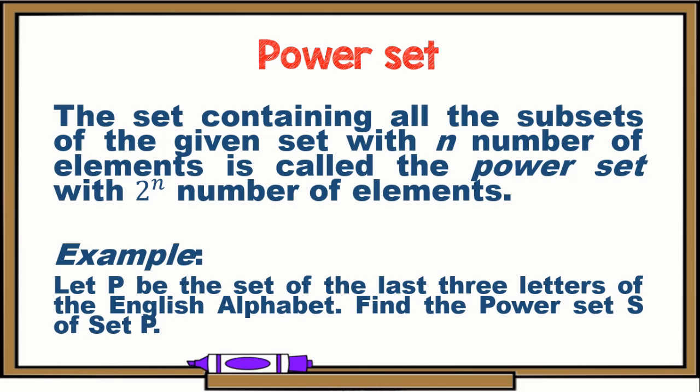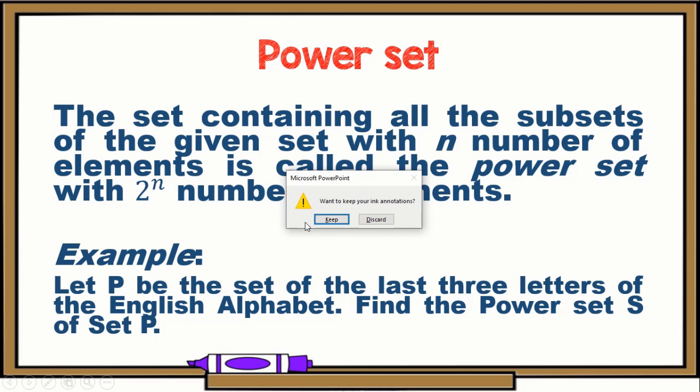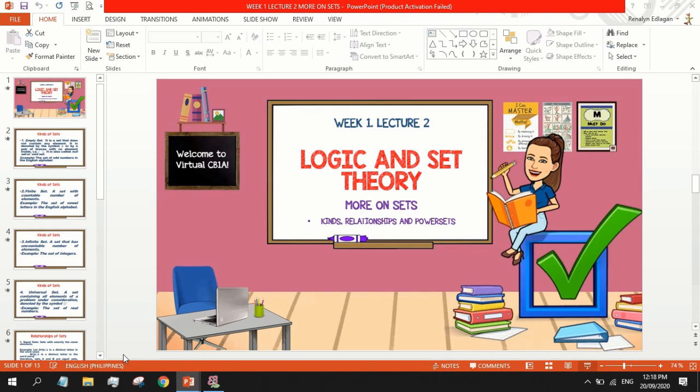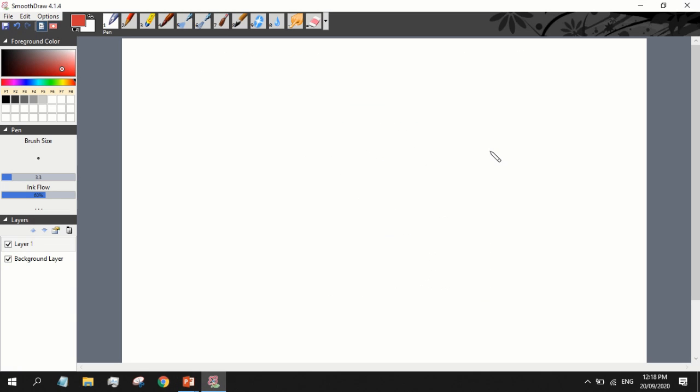Let's exit this presentation. Discard natin siya. And let's go to this notepad. Okay. Now, let's compute for the power set of P, which is set S. First, let's enlist the elements of P. So, according to our definition, P is the set of the last 3 letters in the English alphabet.